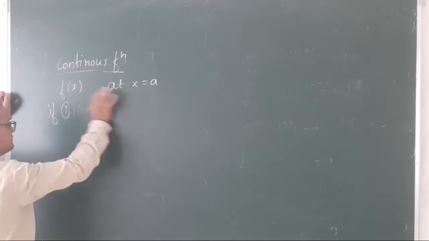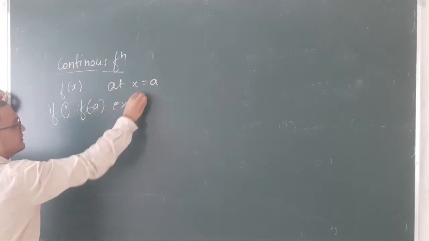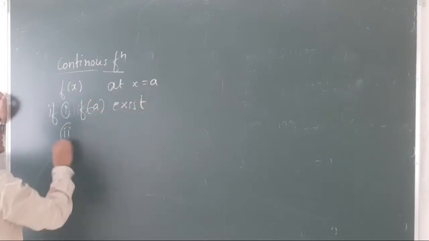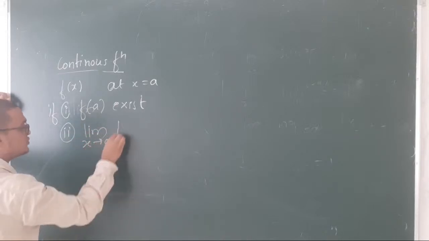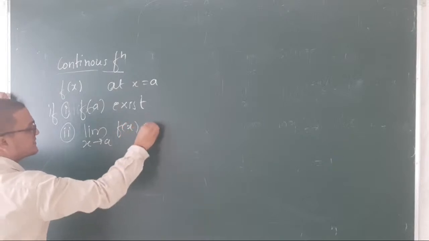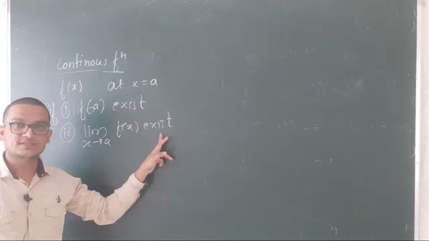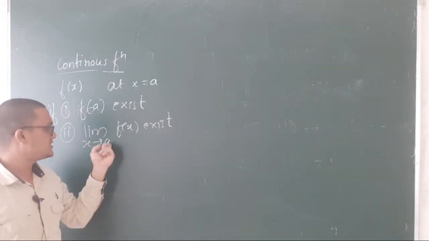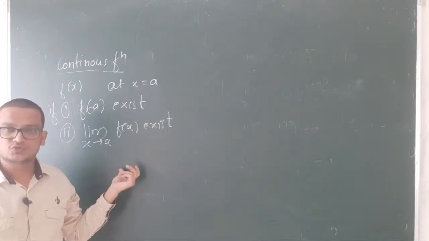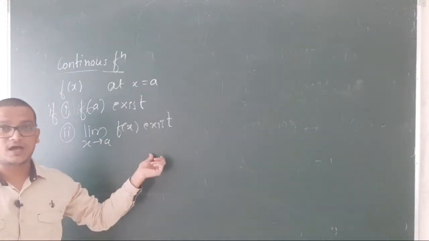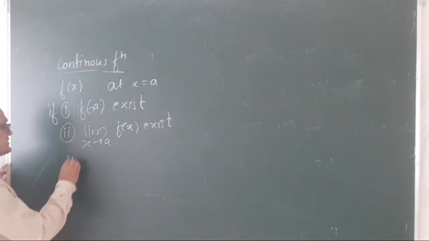First condition, f of a exists. Second condition, limit x tends to a, f of x exists. Now limit x tends to a, f of x exists means the LHL should exist and the RHL should also exist.